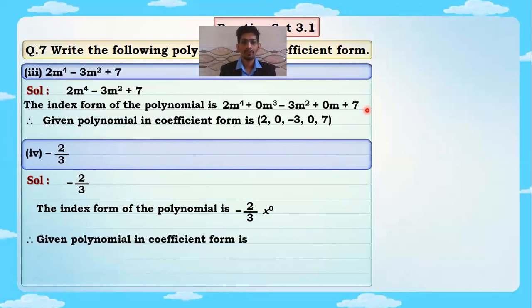Then the coefficient form of this, the coefficient of the variable, that is minus 2 upon 3, is the coefficient now. Only one coefficient, which we are going to write in brackets along with the sign, minus 2 upon 3. That's it. There is only one, so no comma will come. Very simple. Your understanding? Yes. Great. Very good.